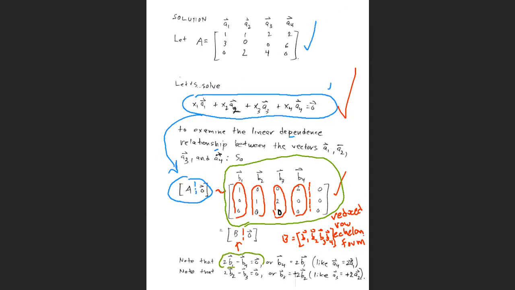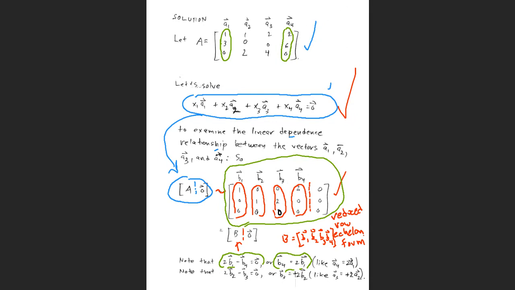Or vector b4 is 2 times vector b1. Well, it turns out if we go up and look here in the matrix A, if we look at A4 and we look at A1, hey, A4 is 2 times A1, right?